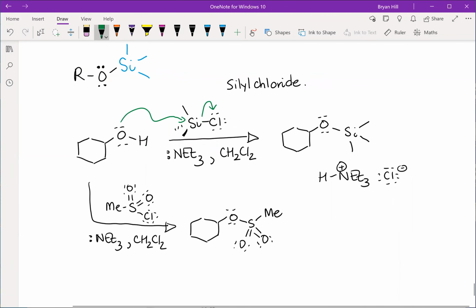The yields for these things are like 95 to 100%. So it's really easy to put on. And there's a whole bunch of different silyl chlorides that you could use. I've used the simplest one with 3 methyl groups, but chemists have developed all sorts of them with, say, 3 phenyl groups, they've even got one with 2 tert-butyl groups on it.